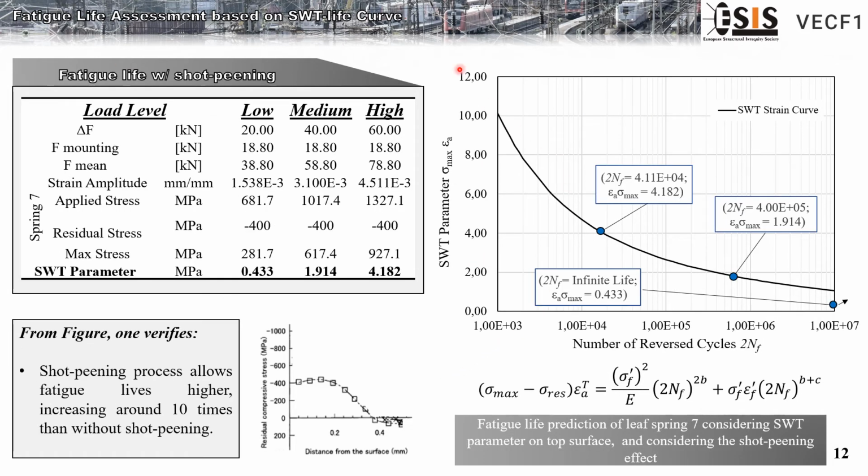Now, considering the shot peening effect by the superposition method presented by this equation, we can see an improvement of fatigue behavior around 10 times compared to without the shot peening effect.